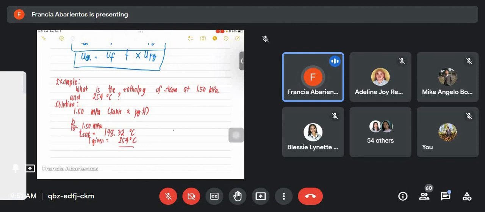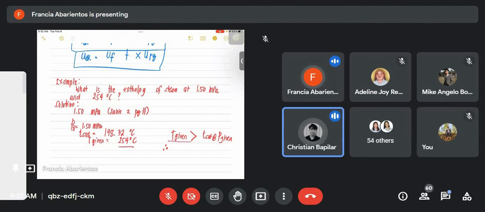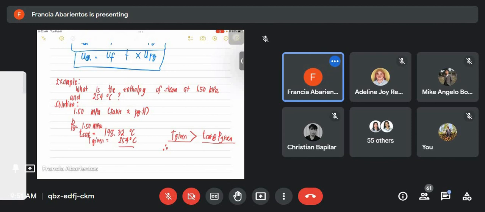When the given temperature is higher than the saturation temperature at the given pressure, what is it? Go back to my very first lesson. The 254 degrees Celsius is greater than 198.32 degrees Celsius.